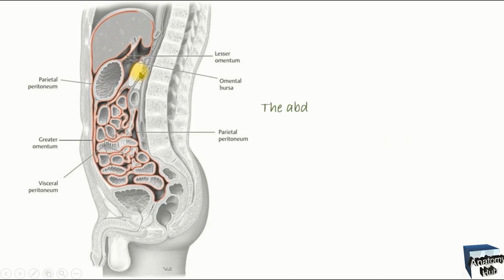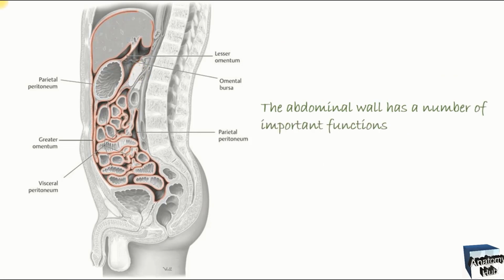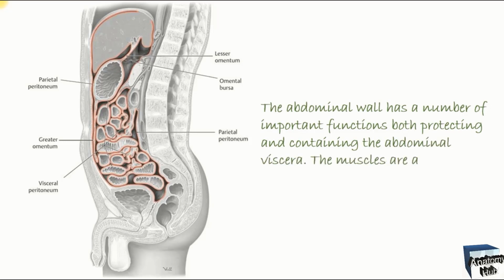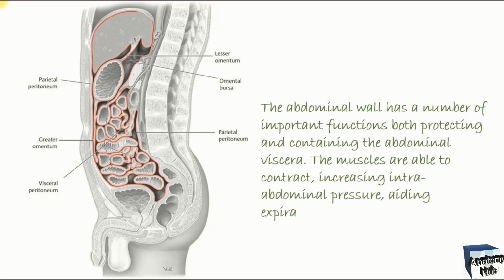So to study the anterior abdominal wall, why is it important? Because clinically so many things are there with the anterior abdominal wall during surgery, during palpation, during percussion, everything. This abdominal wall has a number of important functions, both protecting and containing the abdominal viscera.